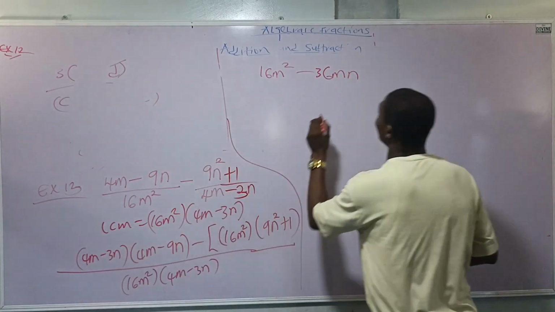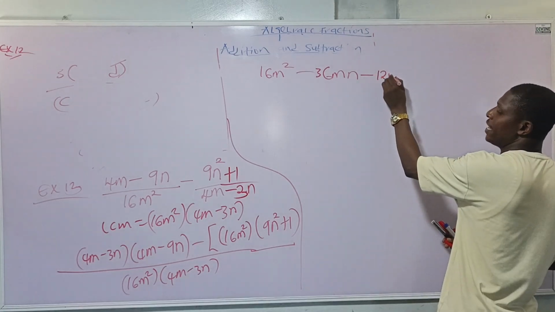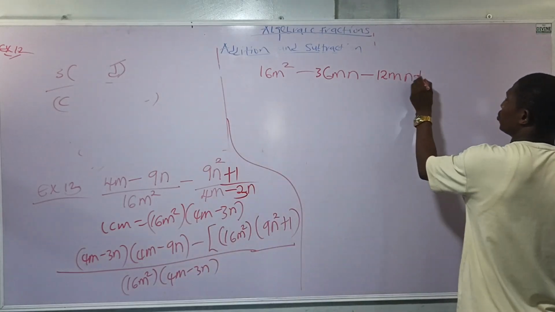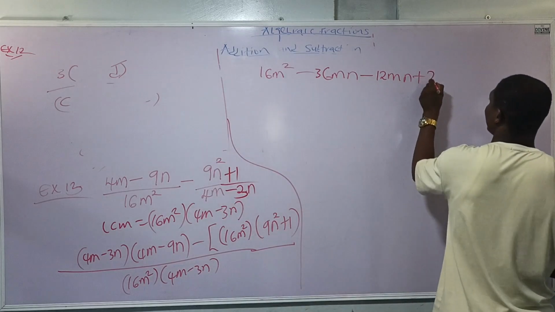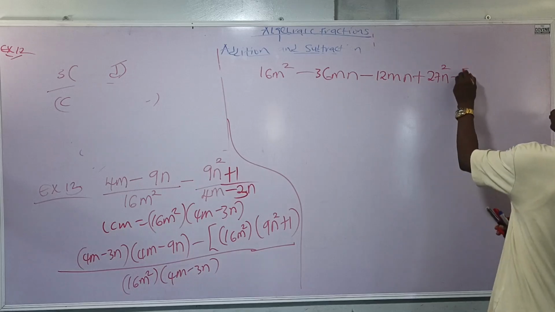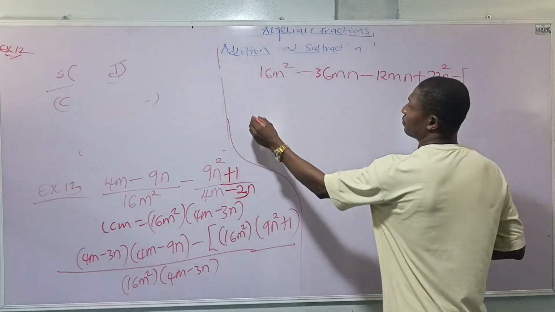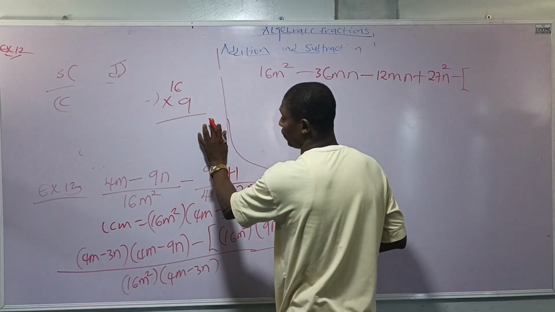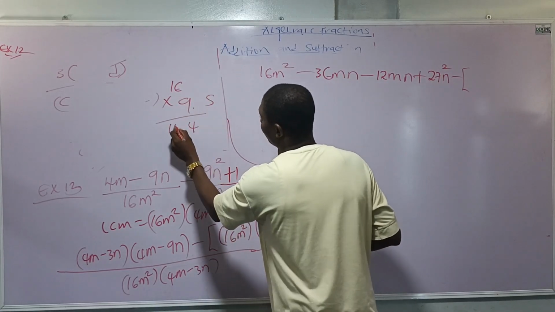Minus times plus, minus 3n times 4m will give me 12mn. Minus times minus plus 3n times 9n, 27n square. Minus in square brackets 16 times 9, 16 times 9, 144.